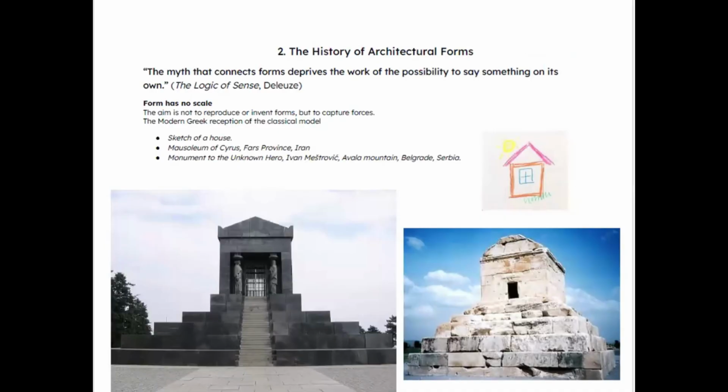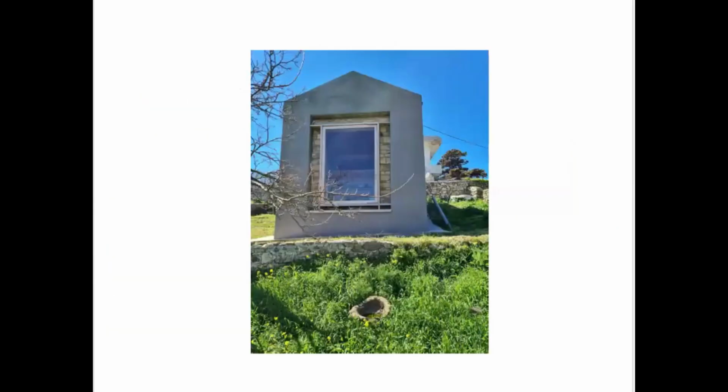So we can see the drawing of a child, we can see the mausoleum of Cyrus, and also this Ivan Mestrovic, of course, you know, all of you, Ivan Mestrovic, Avala Mountain in Belgrade. And the archetypical form is there without the size having anything to do with it. It can be small, bigger, much bigger. And here is the barn after the restoration.